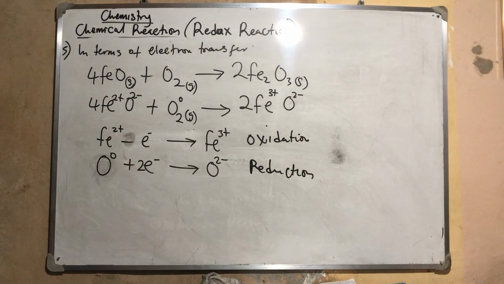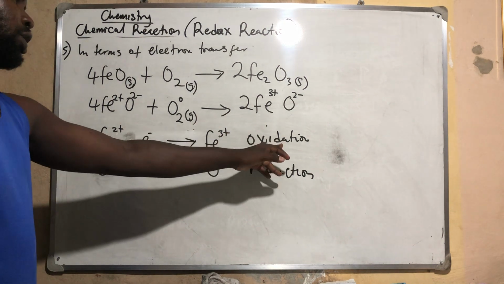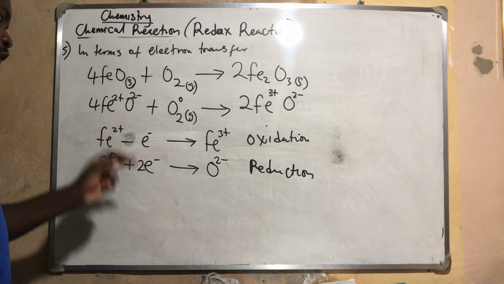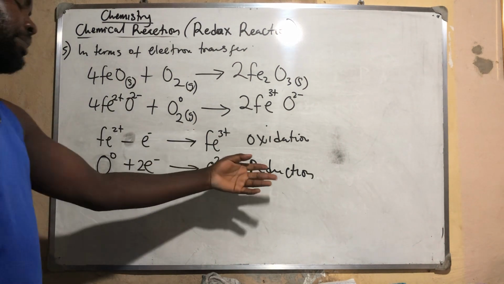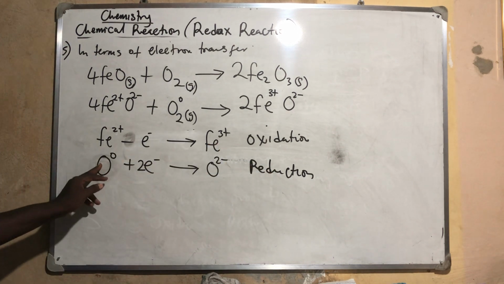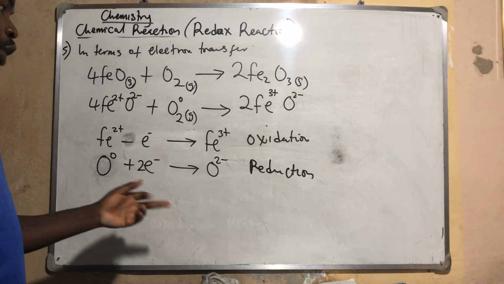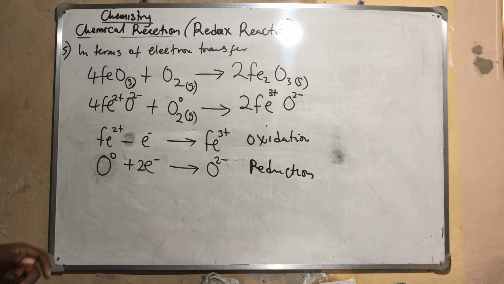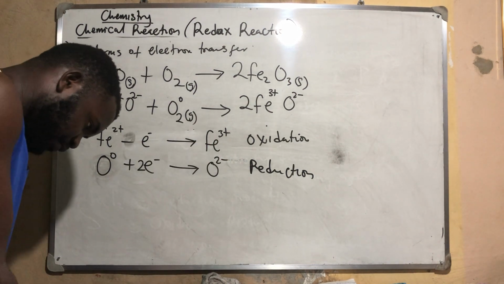Once you can identify the oxidation and reduction, then every other thing is very simple. The one that undergoes oxidation is the oxidized species, or you call it the reducing agent. The one that undergoes reduction, this oxygen here, is called the reduced species, as well as the oxidizing agent. Are you getting me? Their products are now the oxidation product and the reduction product.